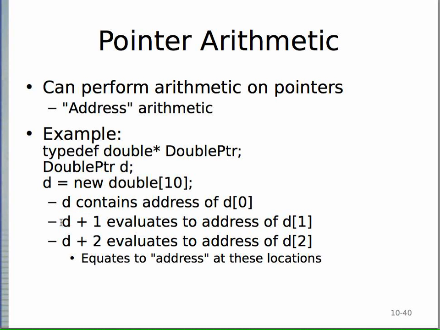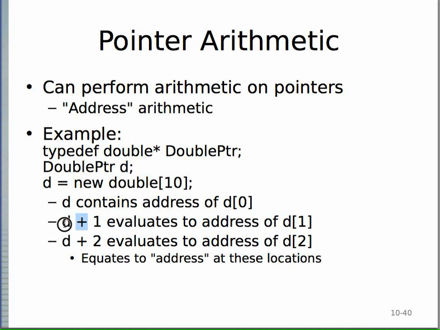d plus 1 will not refer to the next byte, but will refer to the next double in this array, which is essentially just d open close square bracket 1. So you can think of this square bracket 1 as doing some array arithmetic or pointer arithmetic, and that's actually what it does. This plus operator is overloaded for each type.